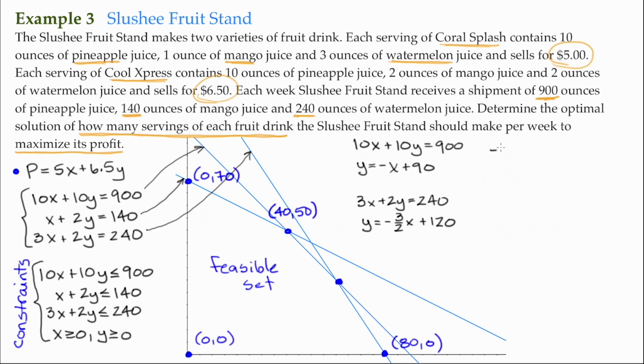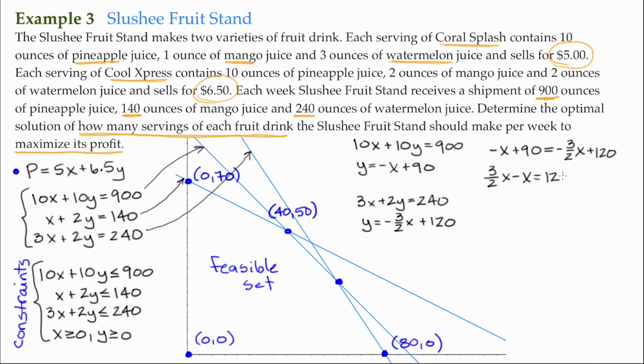So we'll take negative x plus 90. That's going to be equal to negative 3/2 x plus 120. Add 3/2 x to either side. Subtract 90 from either side. 3/2 x minus x.